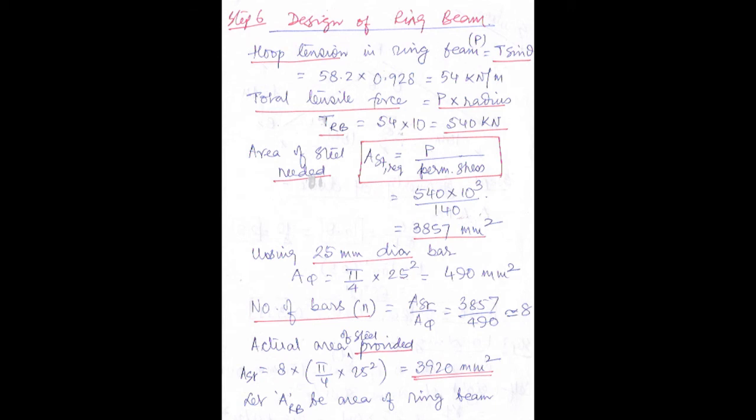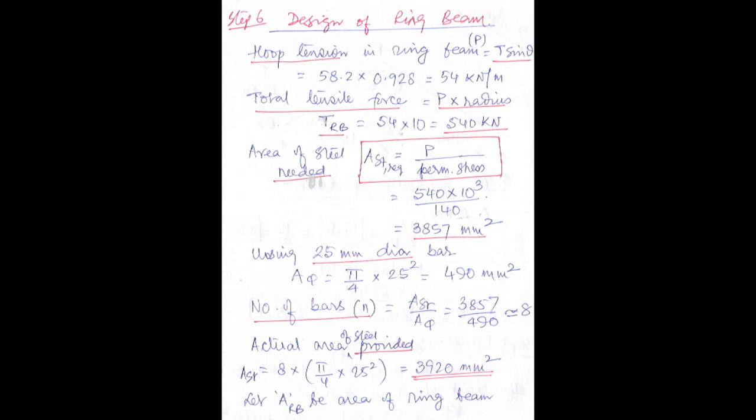Now area of the steel required, how can we find it out? Ast required is equal to P divided by permissible stress. This is T_RB, total tensile force, divided by the permissible stress. I mean total force, correct? So what is T_RB? T_RB value is 540, but that is in kilonewton.